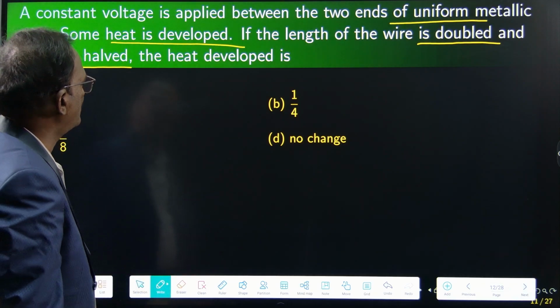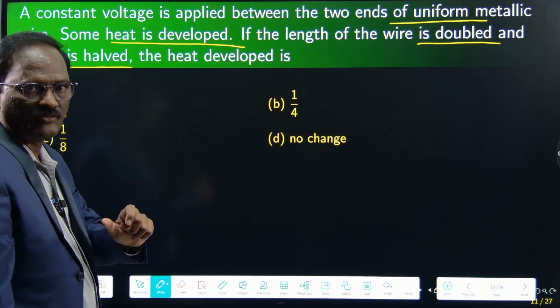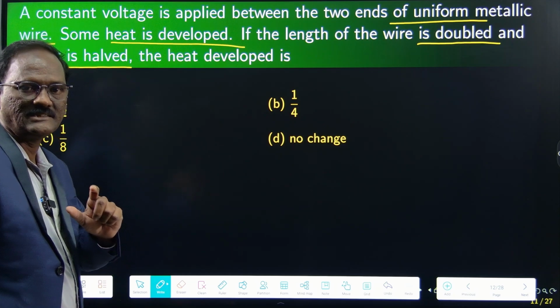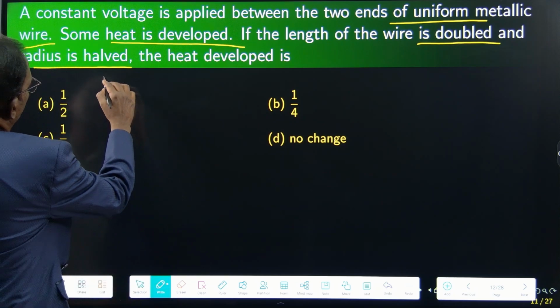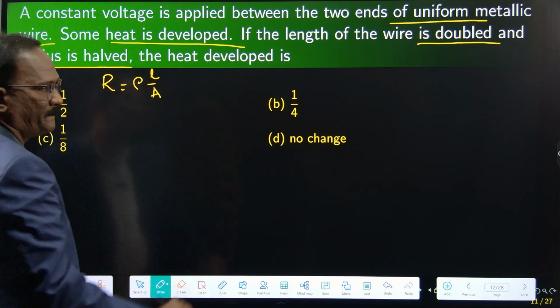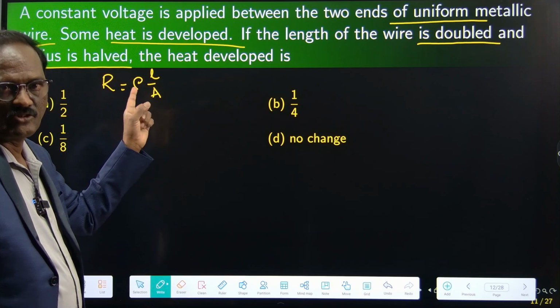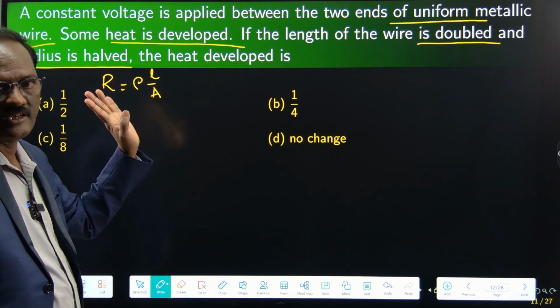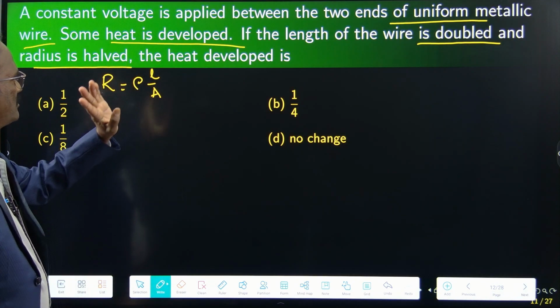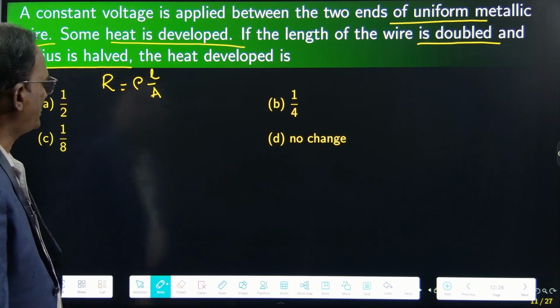That is the question, right? So length and radius, these dimensions of the wire, are affecting the resistance directly, because R is equal to rho L by A, we know. If length or radius or area is changed, the resistance value will be changed. So the question is to find the heat after the dimensions are changed, right?